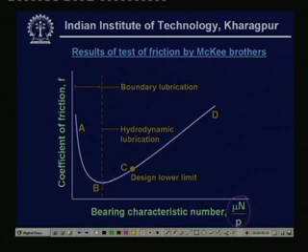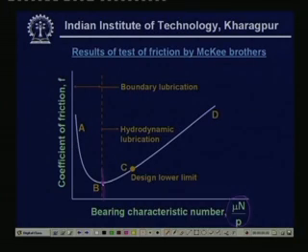Up to here, with the increasing bearing characteristic number, the friction goes on increasing, and here with the reduction of bearing characteristic number, the friction goes on increasing. So, this is the limit, and beyond this limit we call it boundary lubrication, or sometimes imperfect lubrication.